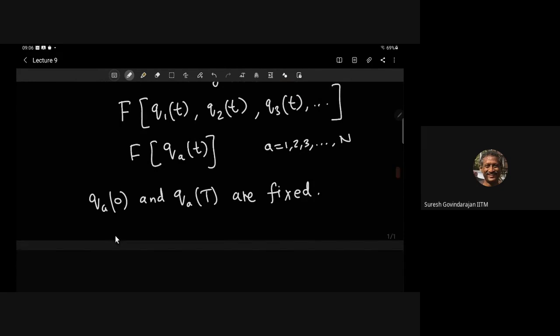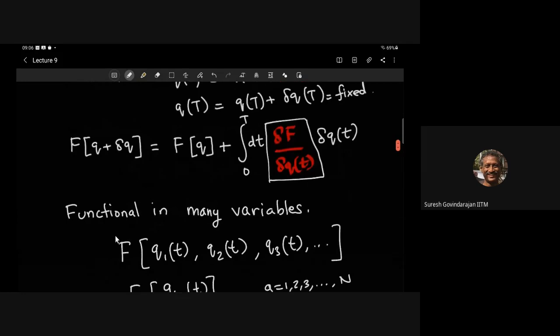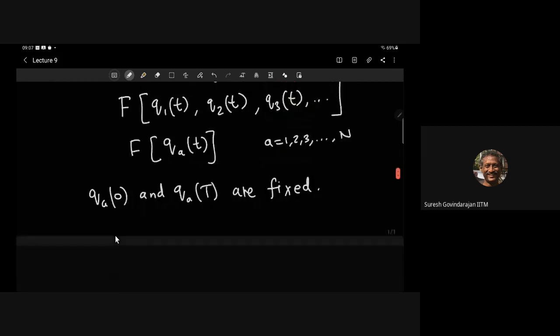Okay, so now when we do the variation of this function and we want to write a formula which is the generalization of this, like the generalization of Taylor series in many variables.